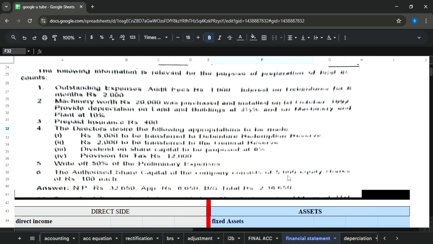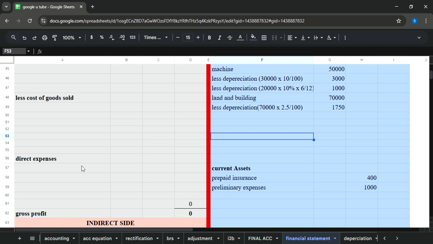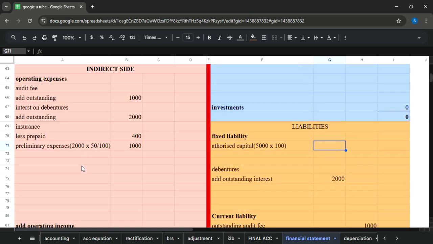Yes, 5,000 and 100 each. It means our authorized capital contains 5,000 shares of 100 each. 5 lakh is your authorized capital. Since it is just the nominal capital, not actual capital, it would not be included, and we have underlined it.